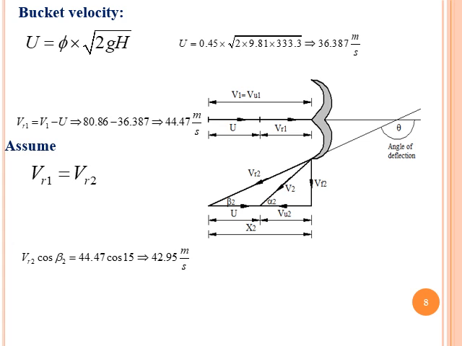That means x2 is equals to VR2 cos beta 2. So now we know the value of VR2 is equals to 44.47. The beta 2 angle is 15 degree. Hence, now x2 value is equals to 42.95 meter per second.